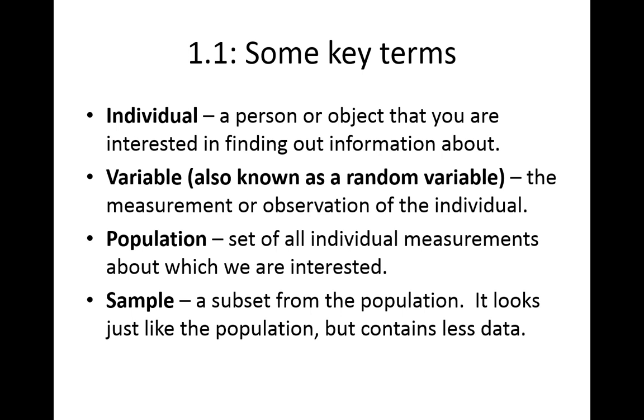It's going to be a set of numbers. So the population is not the set of the individuals, it's a set of the variables that are measurements from those individuals. We want to be very clear about what the population is. It's a set of measurements, variables.